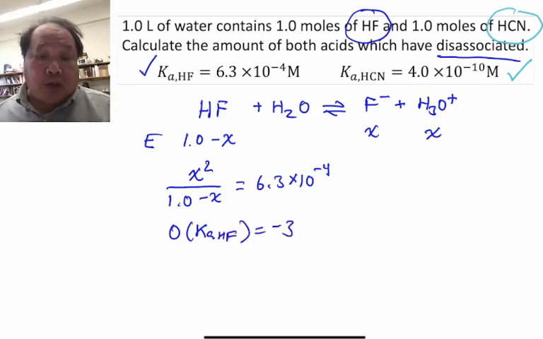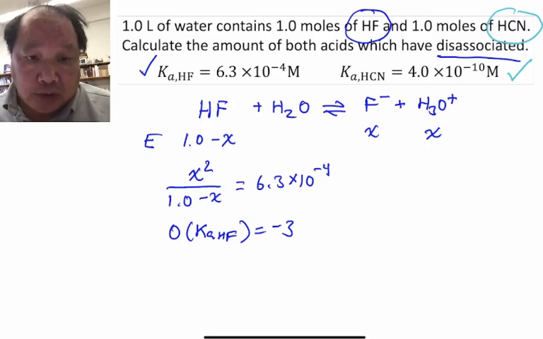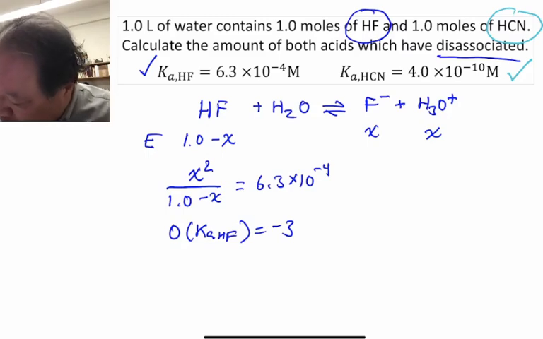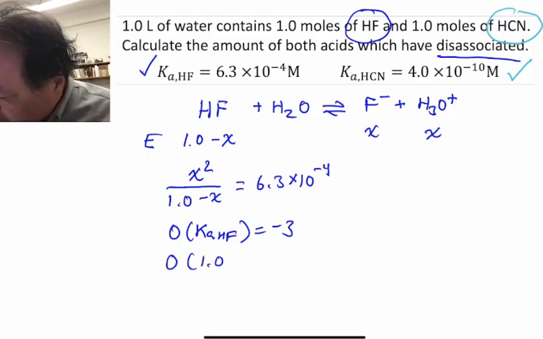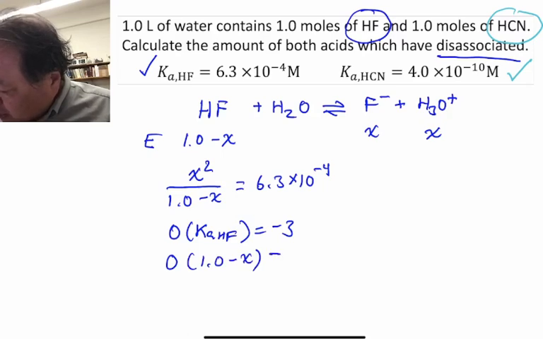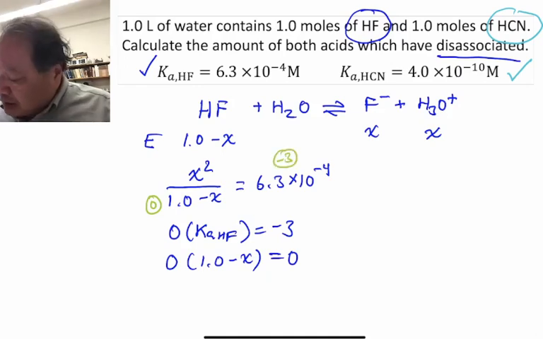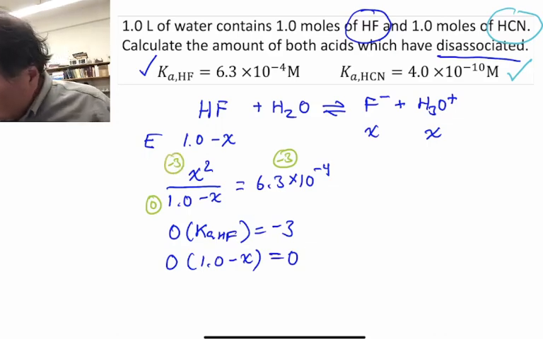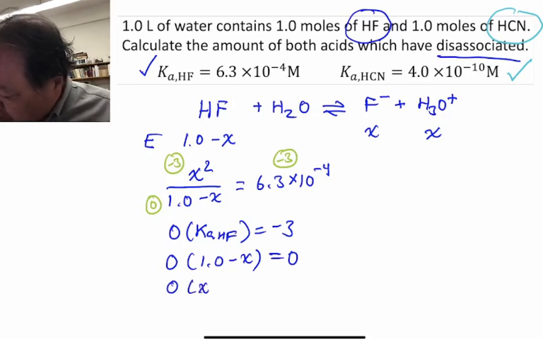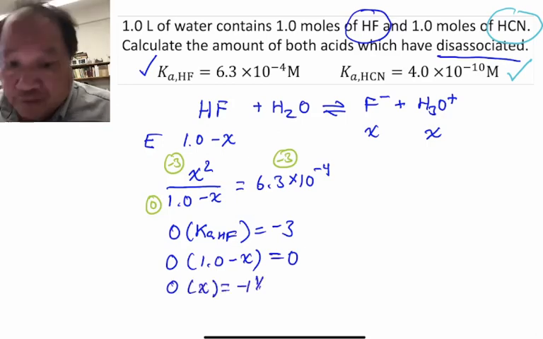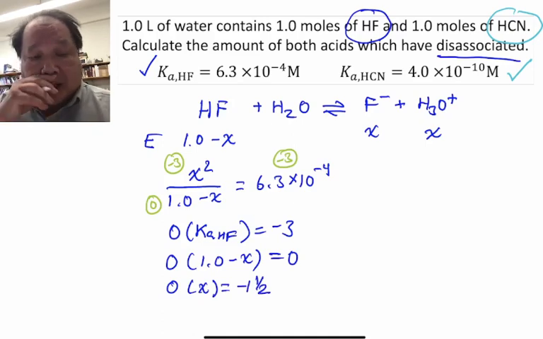It is much smaller than the initial molarity, which is order of magnitude 0, and therefore we'll assume that X is a very small number, which means in 1 minus X, the X can be ignored, and it will be 0. If we have 0 order of magnitude here and negative 3 order of magnitude here, that means that the order of magnitude of X squared is negative 3, and we find then that the order of magnitude of X is equal to negative 1.5. So we have the orders of magnitude.